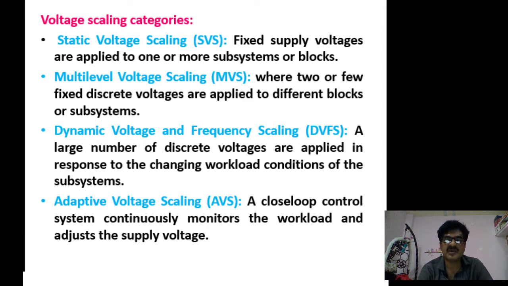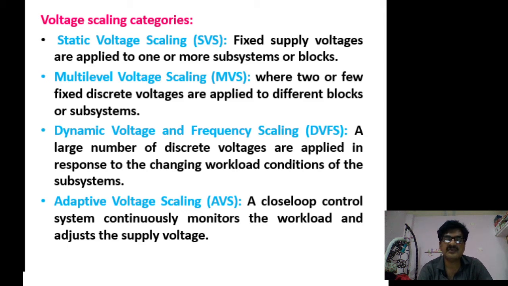It continuously monitors the workload of that system. Based on the workload, the supply voltage that the system needs is adjusted automatically. So adjustable voltage sources are used in the adaptive voltage scaling technique.